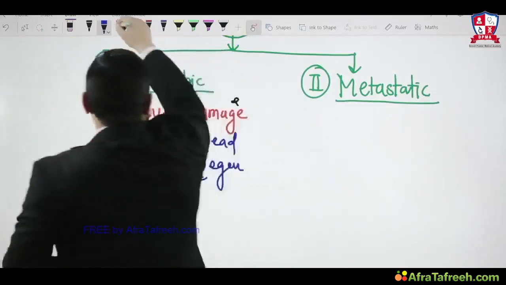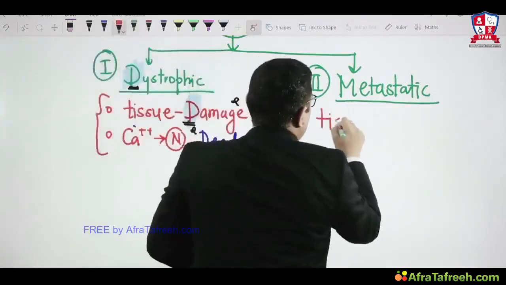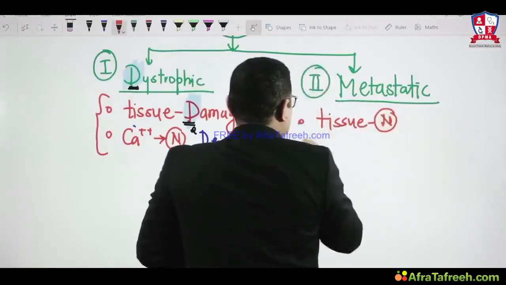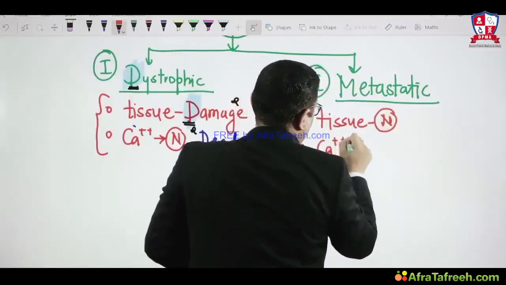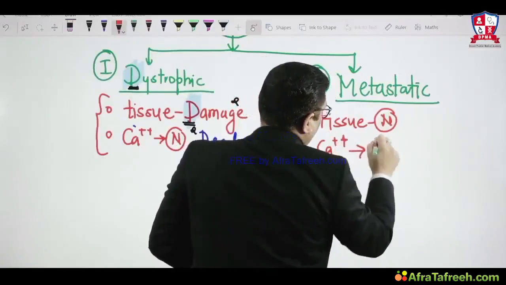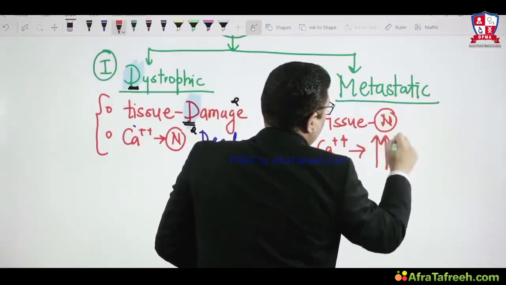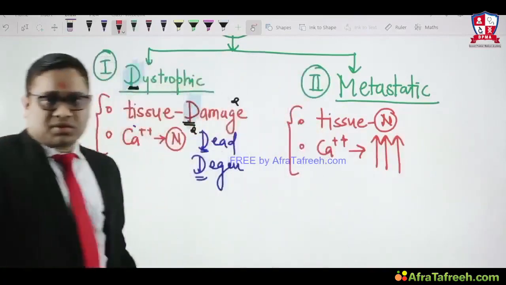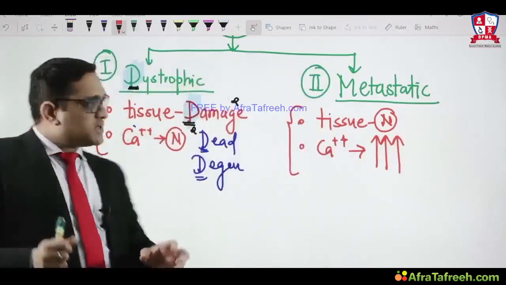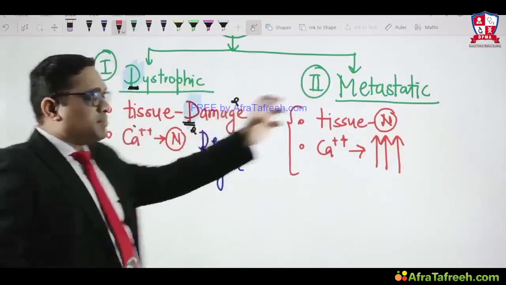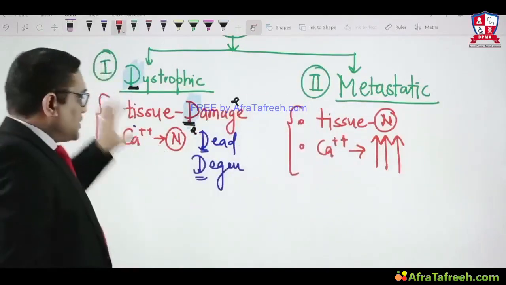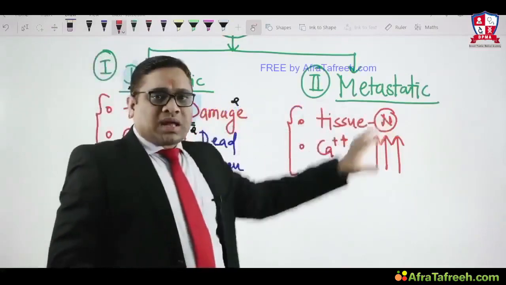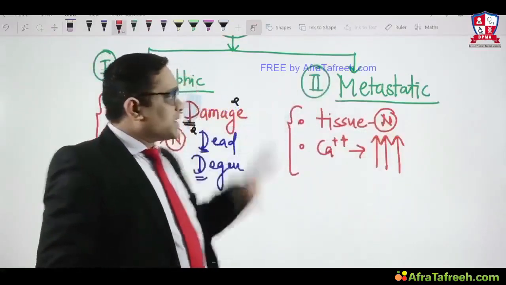Here tissue will be normal, but the calcium level will be high, or abnormal. So tissue damaged with normal calcium is dystrophic; tissue normal with high calcium is metastatic.